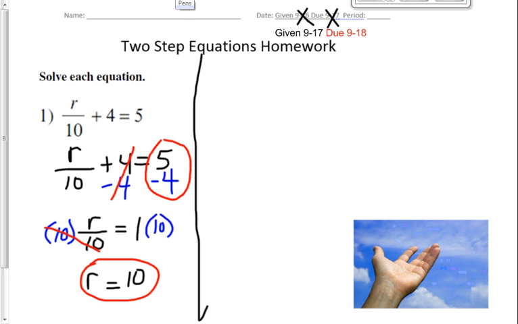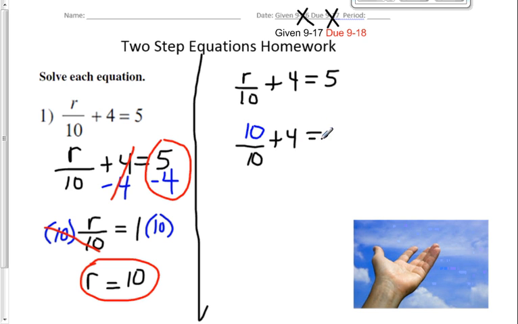We said our equation was r divided by 10 plus 4 is equal to 5. Now the difference here is that you said r was equal to 10. So that's what I'm going to do. Instead of using r, I want to plug in the number 10. So now I have 10 divided by 10 plus 4. I'm saying that is equivalent to the expression of 5.